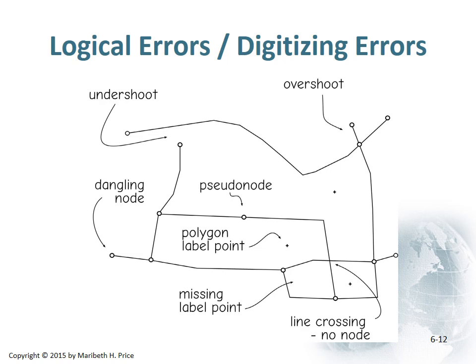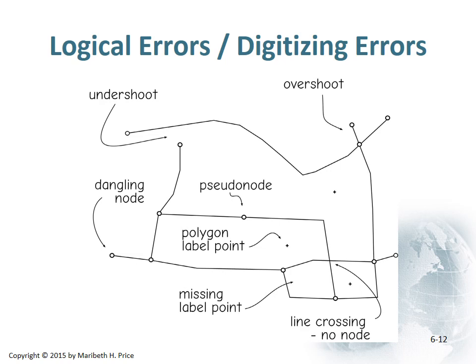And related to polygons, you can have a polygon label point in your polygon, and you should, when you're creating those. It may generate one for you at the centroid of the polygon, but you can also put one in yourself if you have a particular preference for the location where a label will appear.